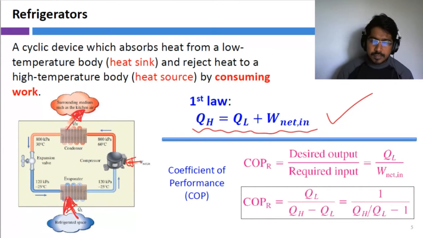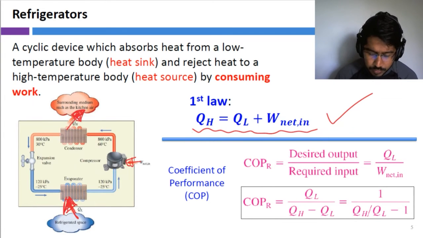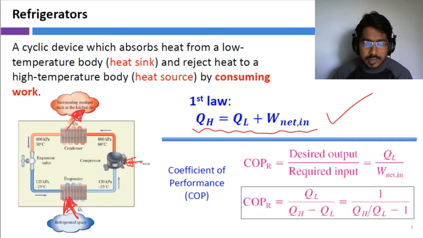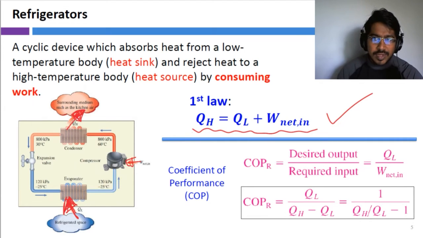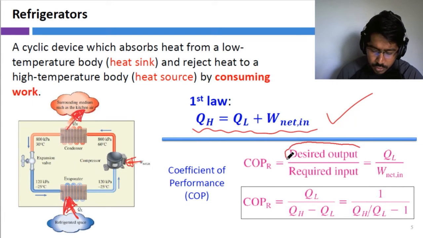Perfect. Now we would like to compare our refrigerator with our neighbor's refrigerator and say, okay, I've got an efficient one, right? If you want to do that, you need some means to compare your refrigerator with your neighbor's, so you need to define an efficiency parameter. In efficiency, what do you put as the top part?